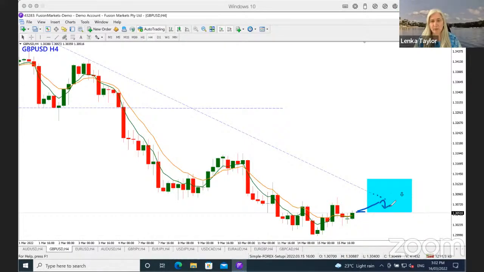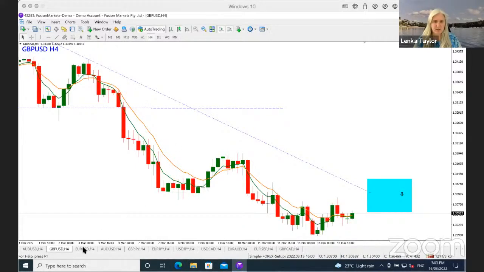And then I would be looking for a short. If that setup does not occur in the next few bars, I'm not going to look at a long opportunity at the moment until there is a break and retest. So at the moment, still looking at short on this one. Let's see what happens in the next few bars.